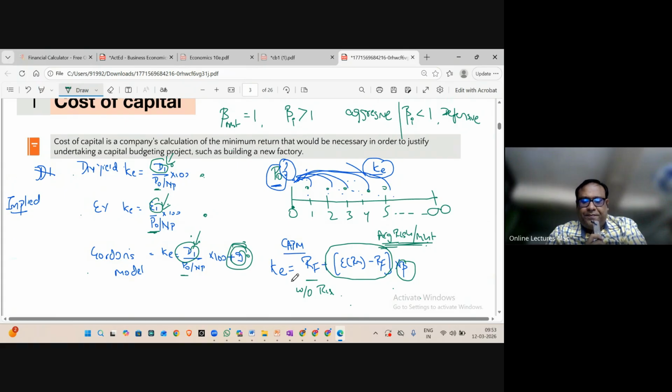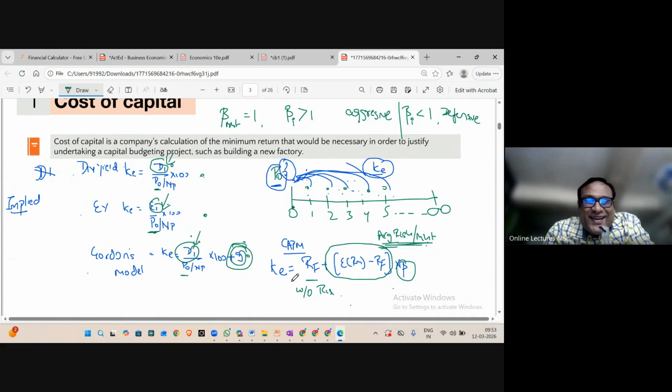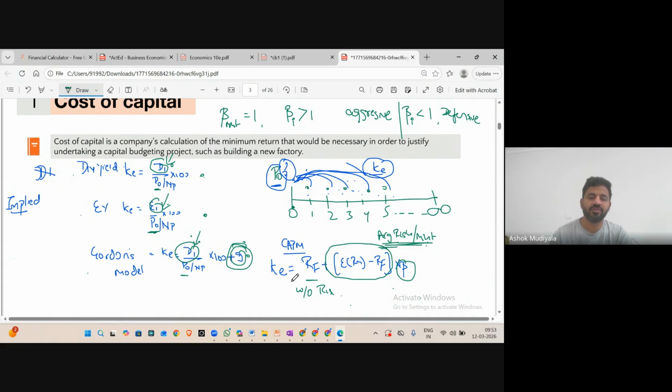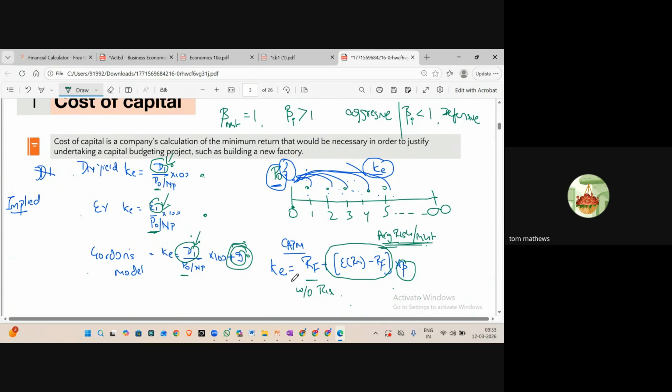Defensive shares, like non-aggressive, less than 1. Correct. So here the yardstick is 1, above 1, below 1.